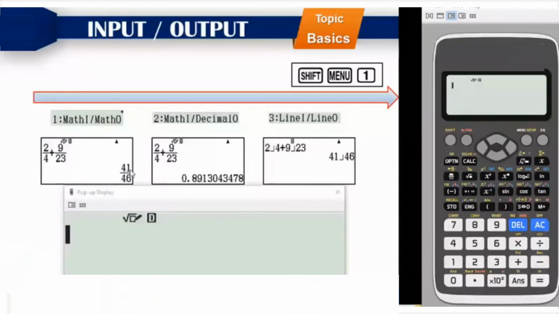So if I repeat the question, that is 2 upon 4 plus 9 upon 23, and I press equals to, now automatically the calculator will give me answers in decimal. Sometimes the requirement of the question is to give answers in fraction, sometimes it is to give answers in decimal.